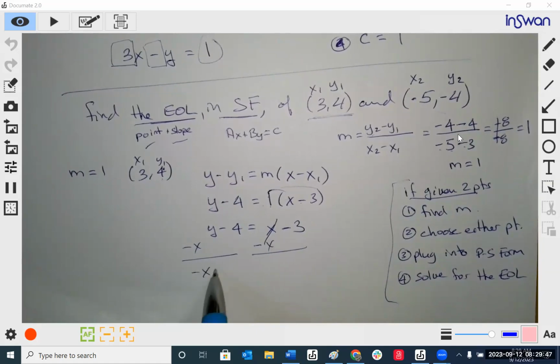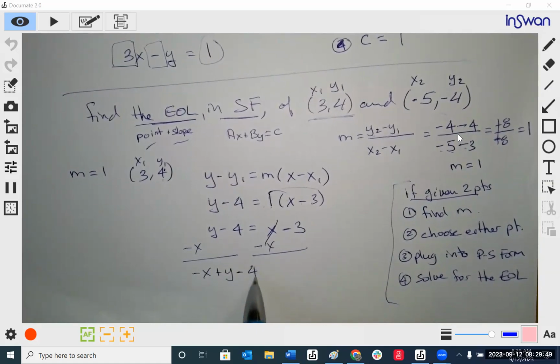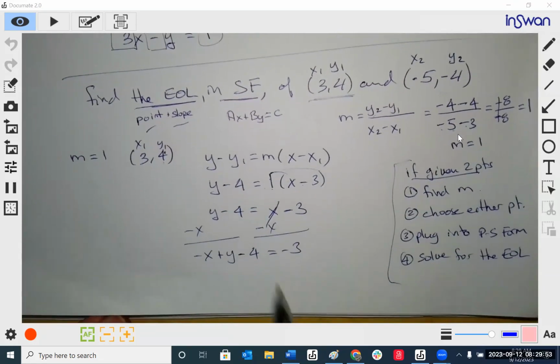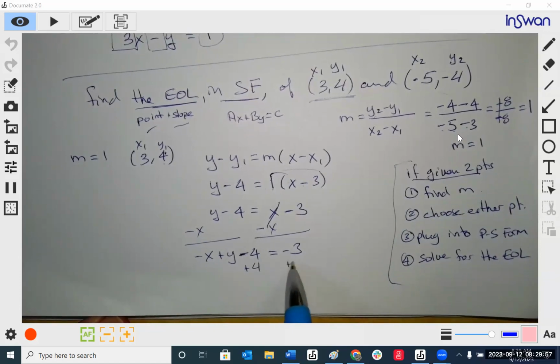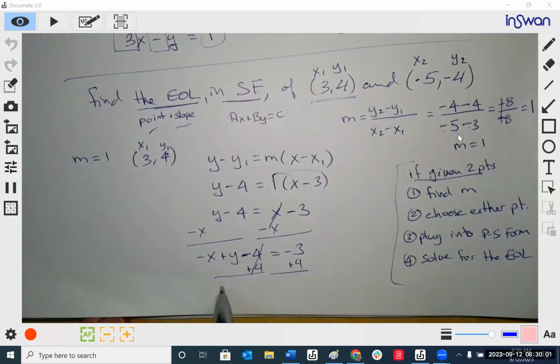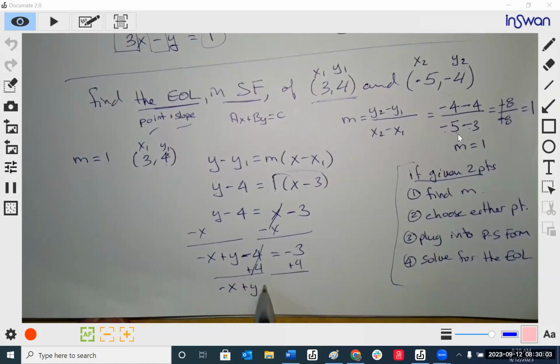We have negative x plus y minus 4 equals negative 3. What else do we got to move? We got to move the 4. It's a negative 4, so we add 4 to both sides. Negative x plus y. Since 4 is bigger than 3, it's positive. 4 minus 3 is 1.